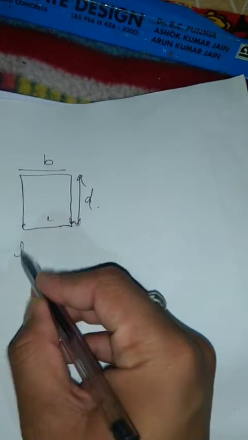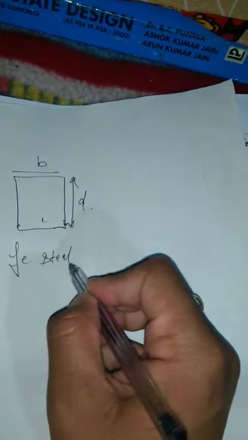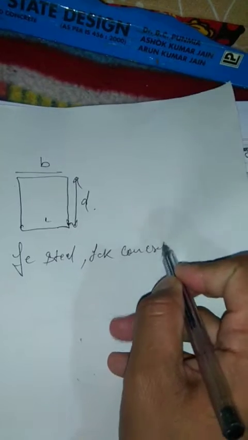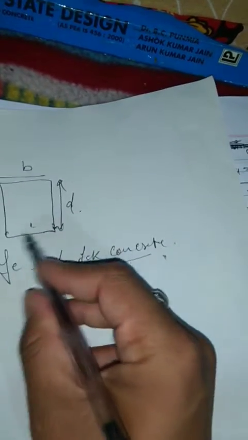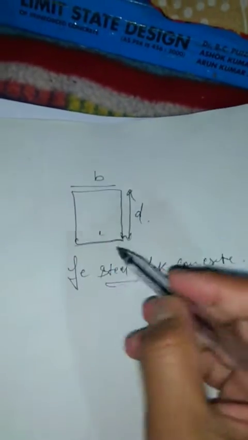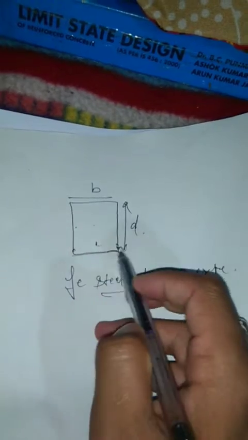If we are using Fe steel and fck concrete to build this cross section, then what will be the limiting moment that is given by this section?